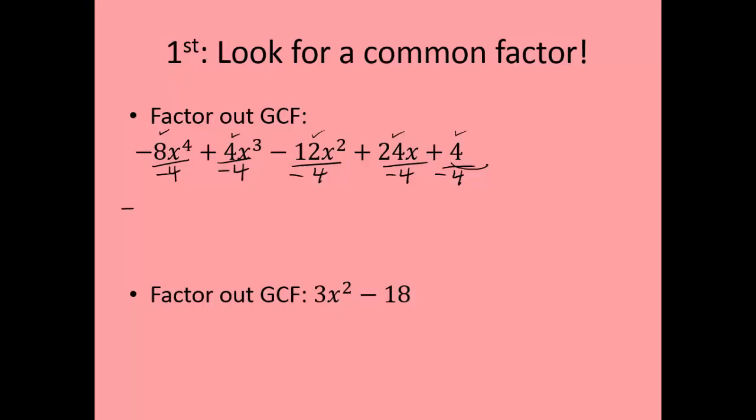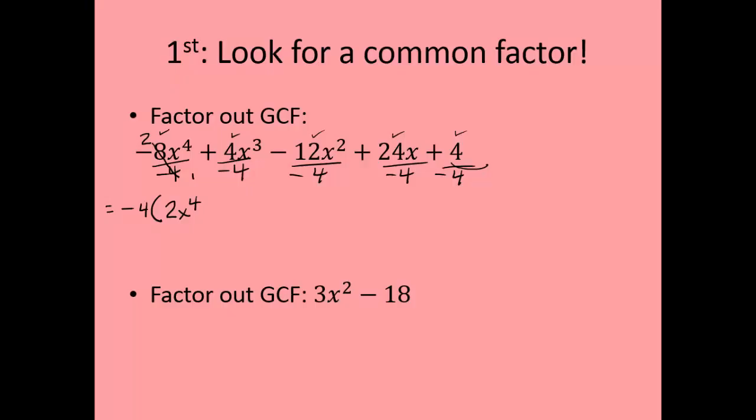So we're going to rewrite this as -4 out in front of parentheses. And inside the parentheses, we write the polynomial that is left when you divide everything by -4. So in the first term, if you reduce by -4, you end up with a +2 here. So we have +2 x to the 4th.